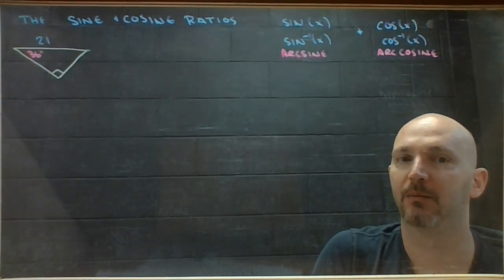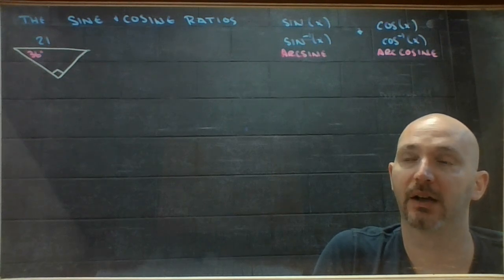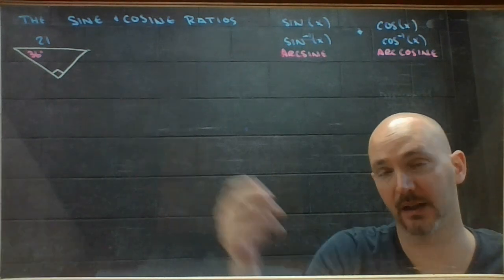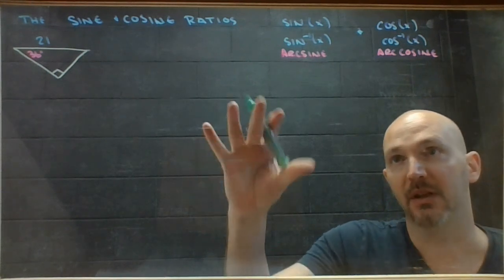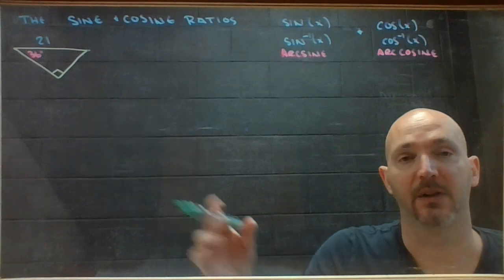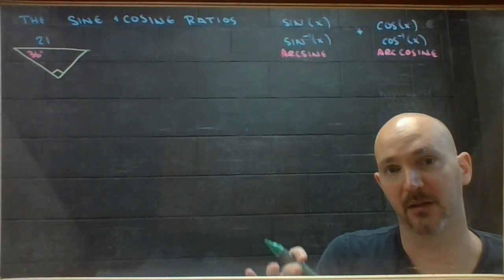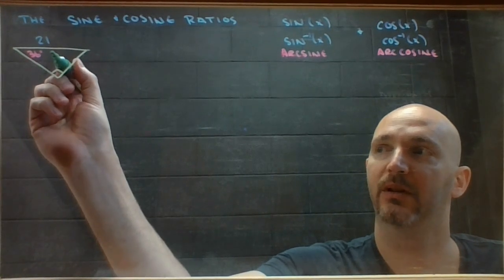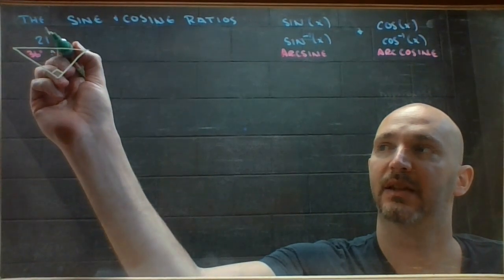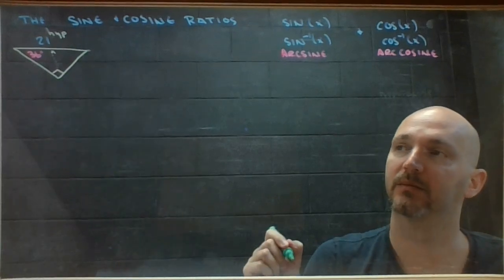Okay, so I have a triangle here where I know one side and I know one angle. So I'm going to use sine or cos in order to figure out the lengths of the other sides, but I have a little bit of labeling to do. I'm going to find my 90-degree corner and look across. That means this is my hypotenuse.